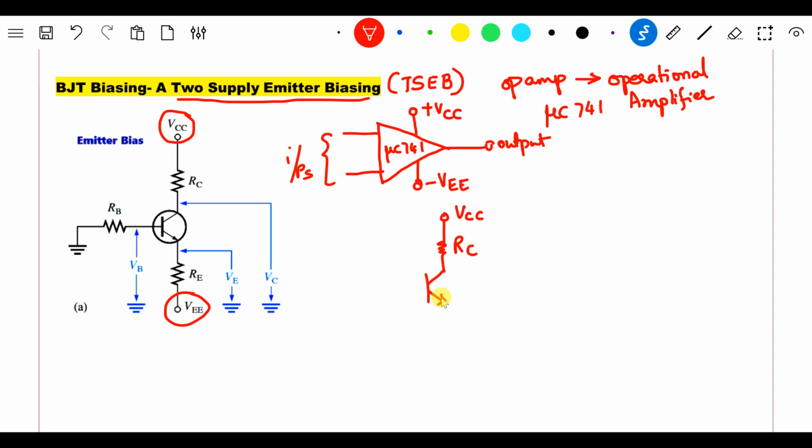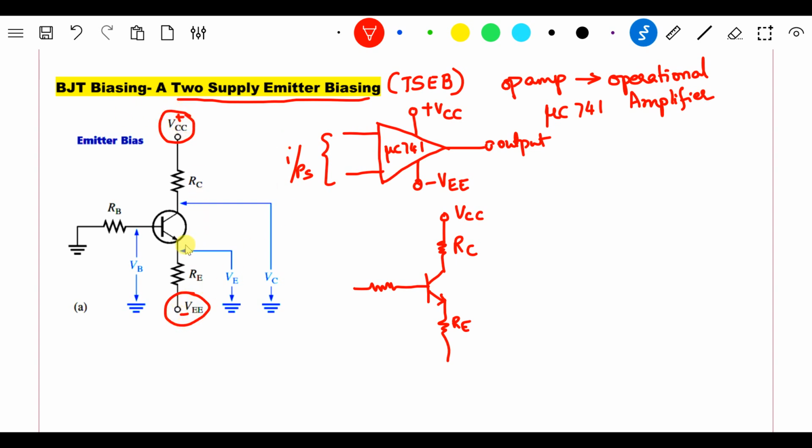Now this is your transistor, and I have an RE here. Then I have a base resistor which is connected to ground in this biasing circuit. This VEE is normally minus, keep that in mind. VEE is minus and VCC is always plus.